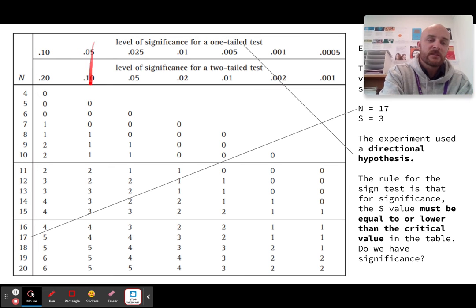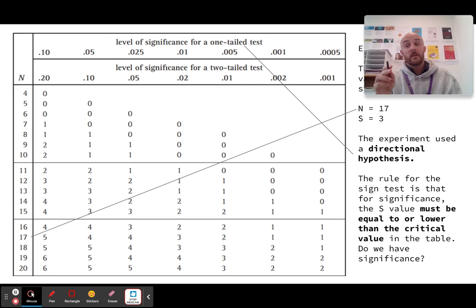So in this case, we're looking down this column, and we've already established we're looking at the line of 17. By the way, remember, I told you the whole point about the stats test is that it craps out one number, right? In this case, that number is 3.